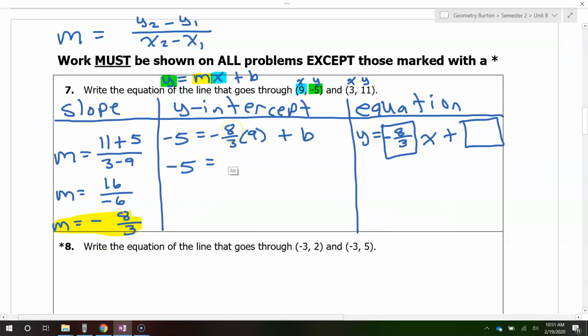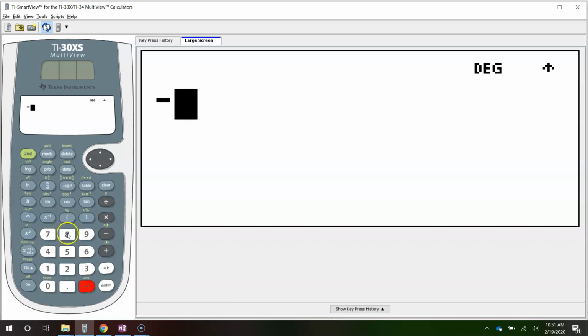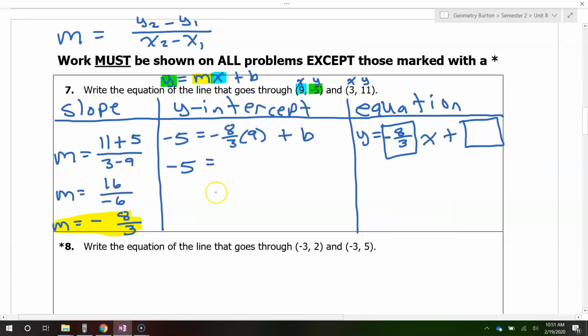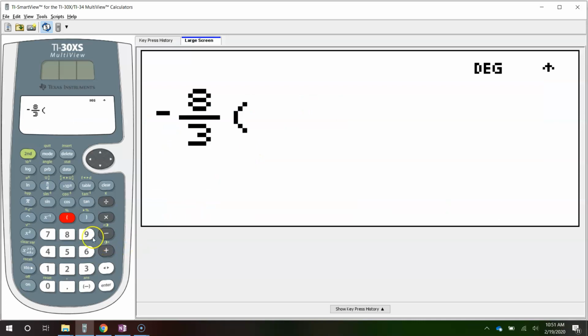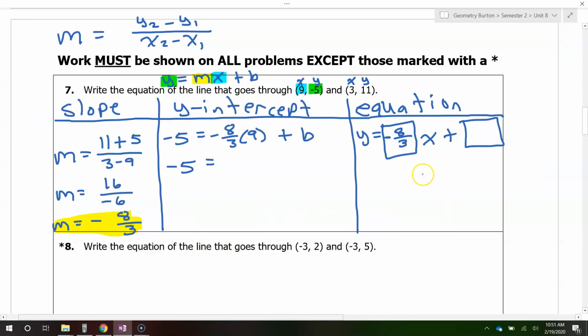So negative 8 over 3 would be like this, negative 8 over 3. Okay, and then that is times 9. So we can go ahead and just do this. So that's going to give me negative 24, like I just said.